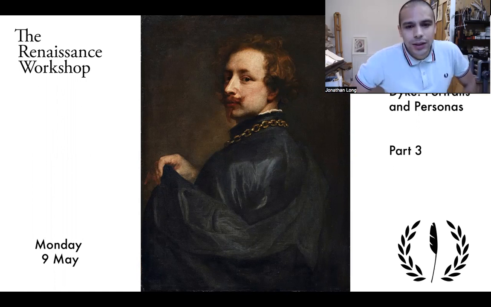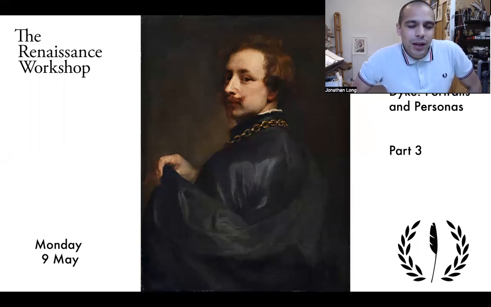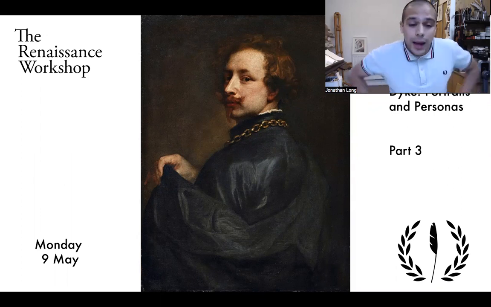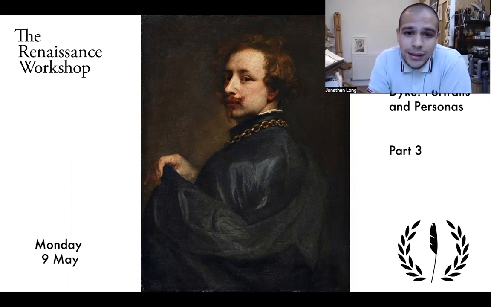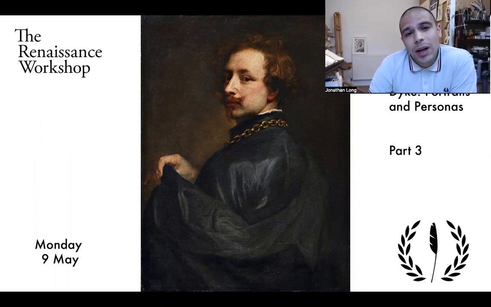Tonight, our focus is still on Van Dyke's period before entering the court of Charles I. It's in 1632 that Anthony van Dyke becomes Sir Anthony van Dyke, because he enters the court of Charles I. He obliges the king's request to become a court painter.